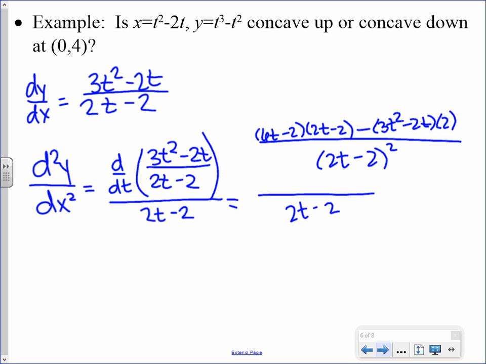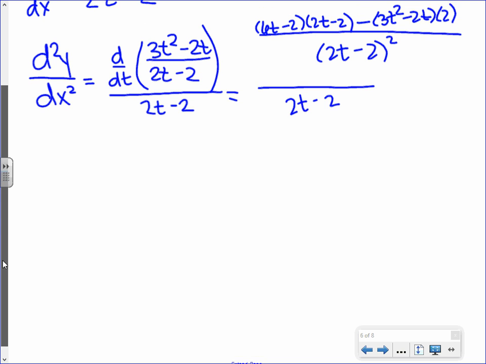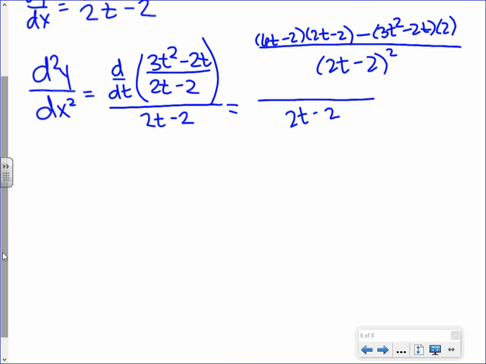Now here's what is nice. If you do have to use the quotient rule, which could be often because we are talking about a fraction for our derivative, what's going to happen with your quotient rule? They combine to be (2t minus 2) cubed.